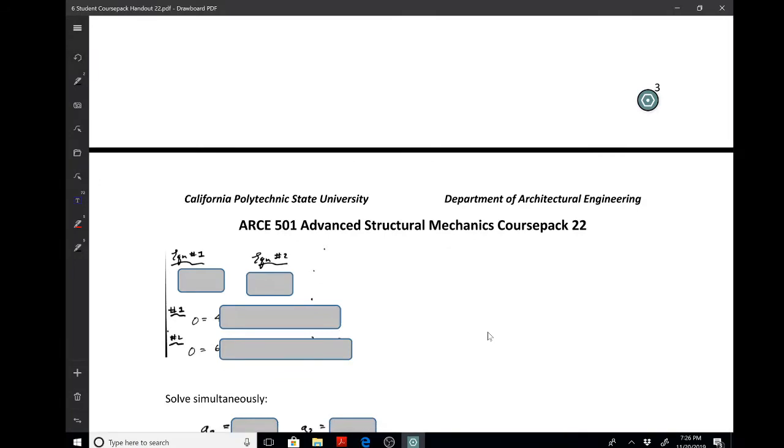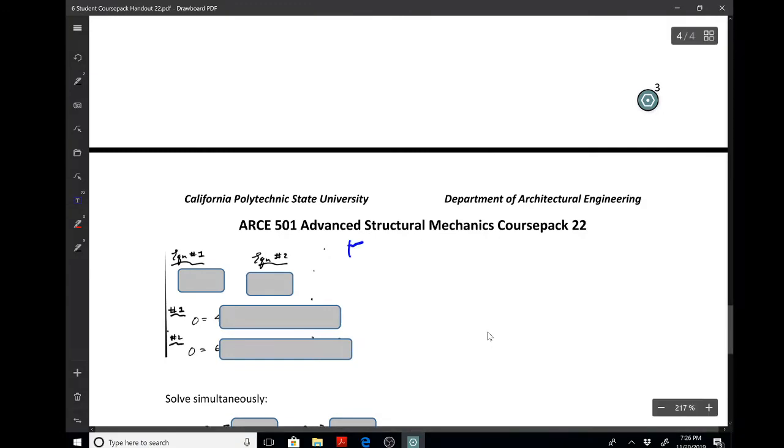The differentials and the integrals are super easy because everything's a polynomial. So let's just march through it here. Equation 1, partial Q with respect to A2 is equal to 0. And then equation 2, partial Q with respect to A3 is equal to 0.